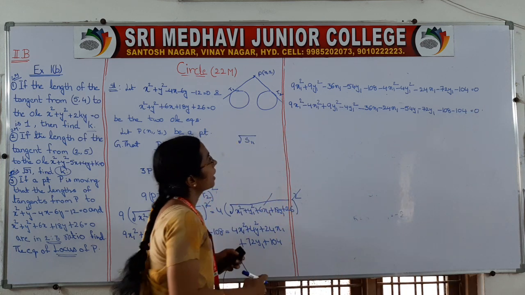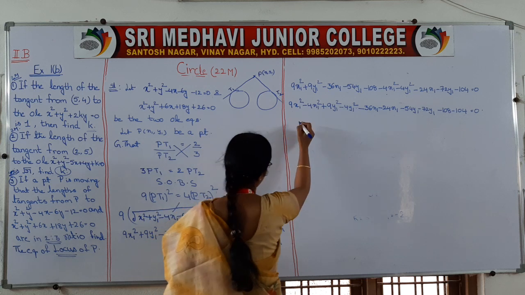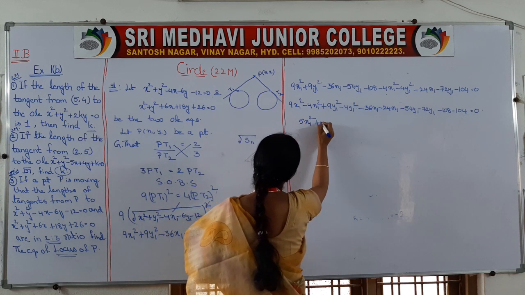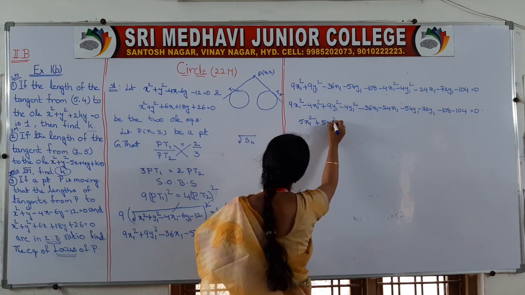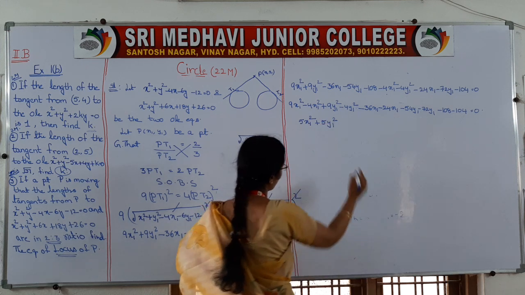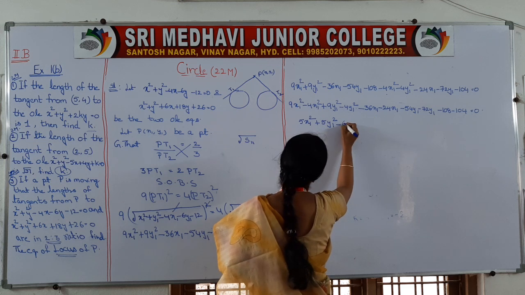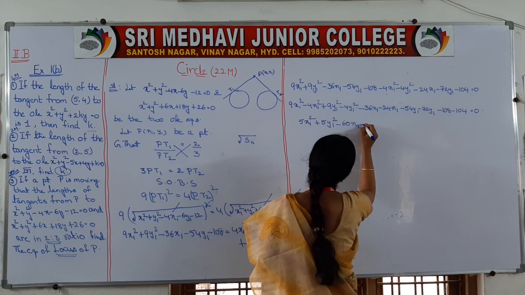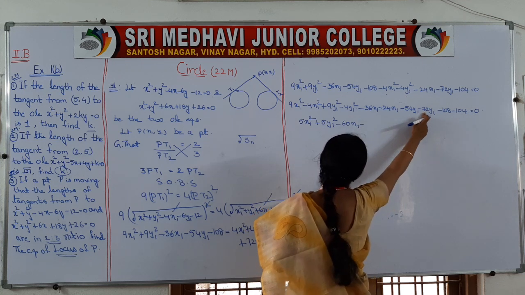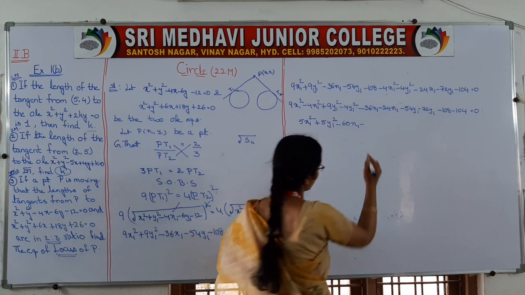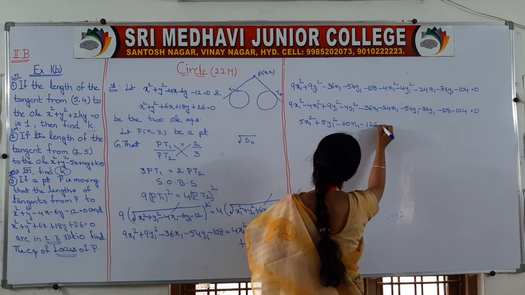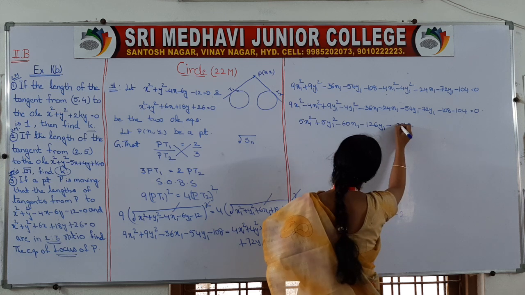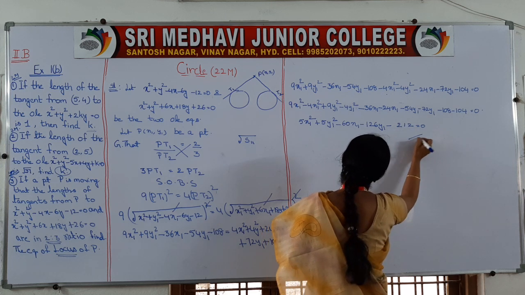So come on, 9x1 square minus 4x1 square is 5x1 square, plus 5y1 square, minus 60x1, minus 126y1, minus 212 is equal to 0.